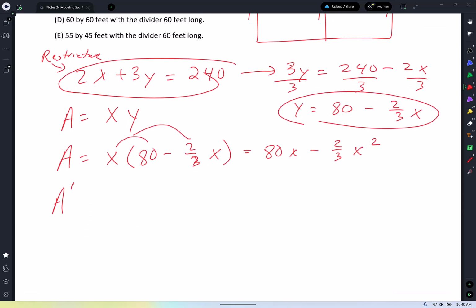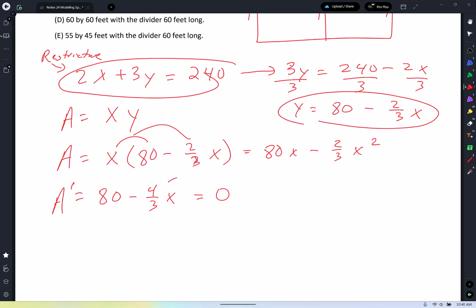A prime equals 80 minus 4/3 x. All I did was take a derivative. Just solve for x, guys.